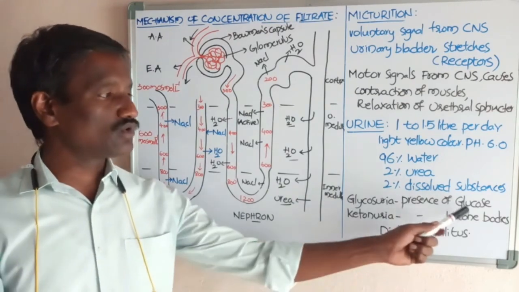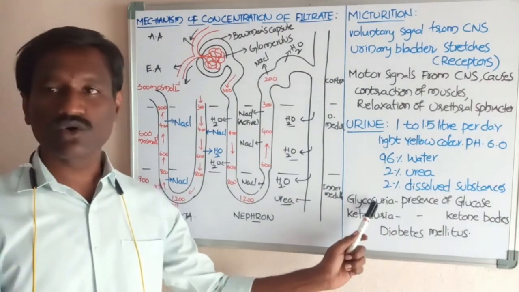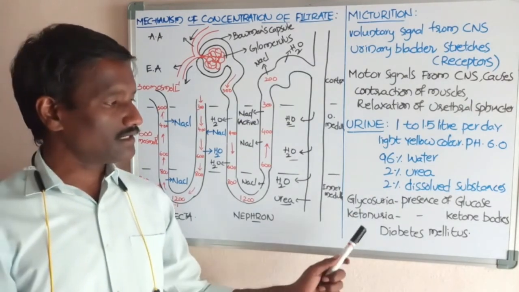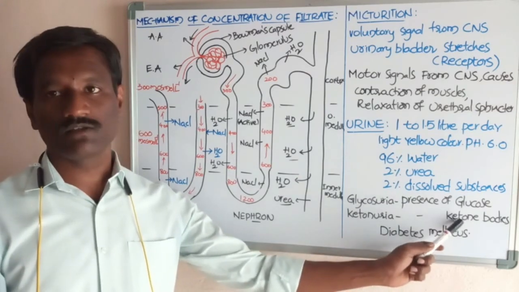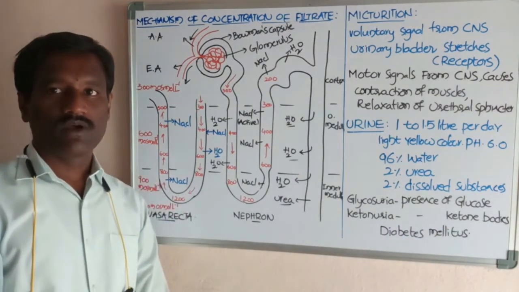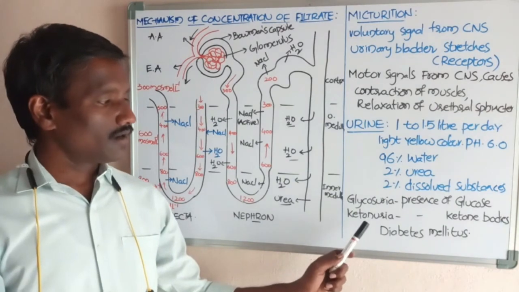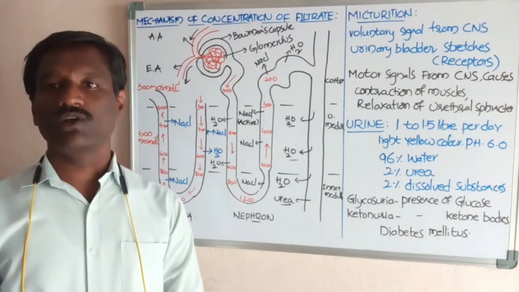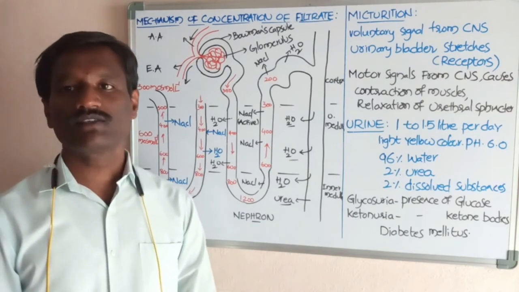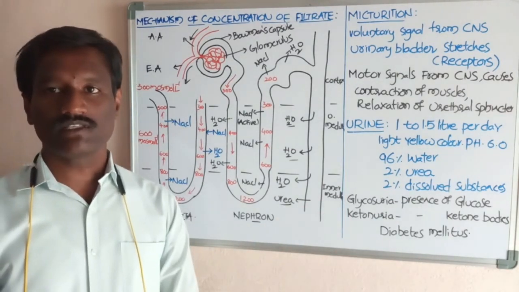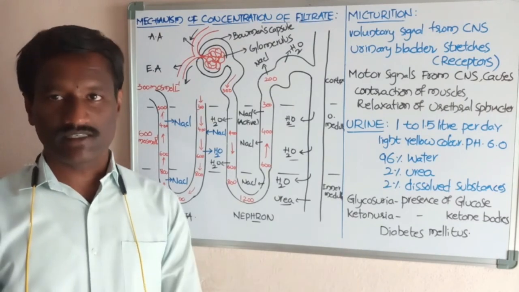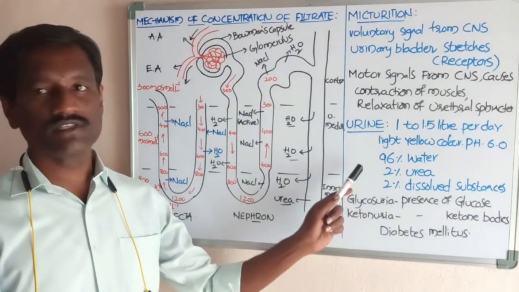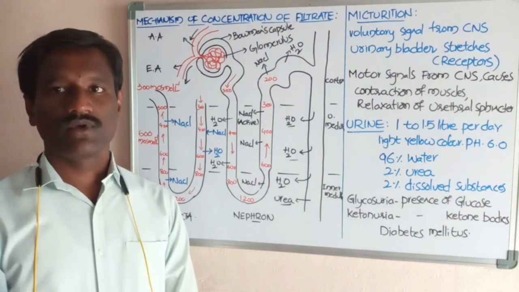The presence of glucose in the urine is called glycosuria. Next, the presence of ketone bodies in the urine is called ketonuria. What about ketone bodies? Ketone bodies are formed by liver cells from fatty acids. This is about the urine. Okay, students.